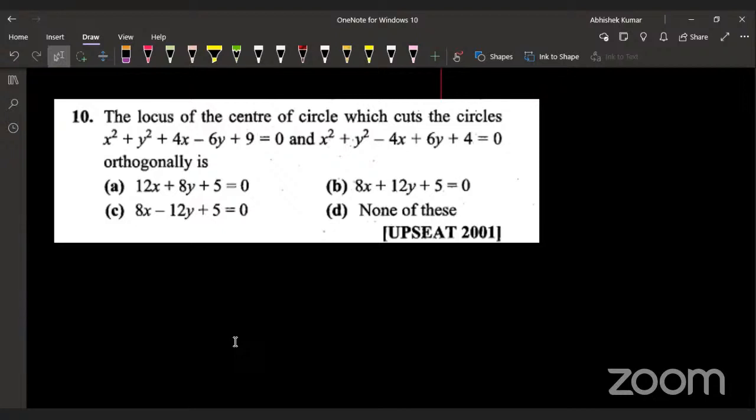If you understand these two things and you know the formula, you can. Yes sir, if we know how to apply the formula, it will be done. Correct.